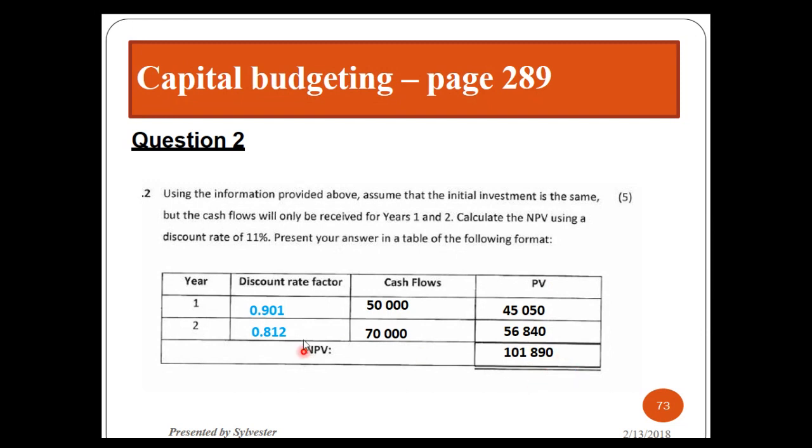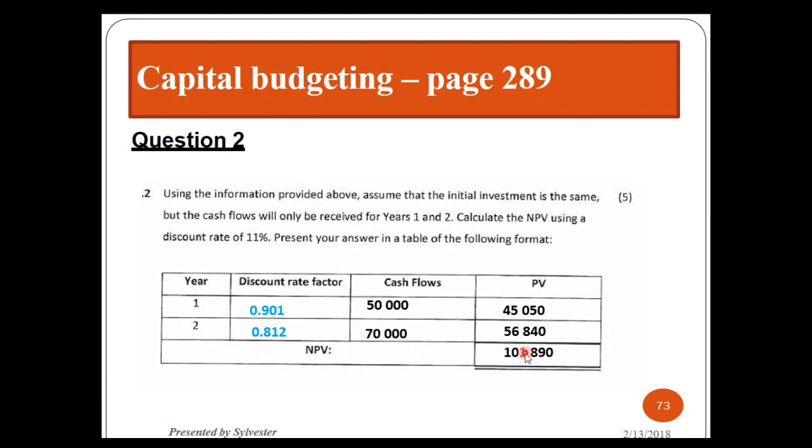But remember, I'm looking for the net present value. When I started with my explanations, I gave you the formula for net present value: present value less initial investment will give me the net present value. Can you see now? At least for now, I've got the present value, and I know that the initial investment for this project was 200,000.